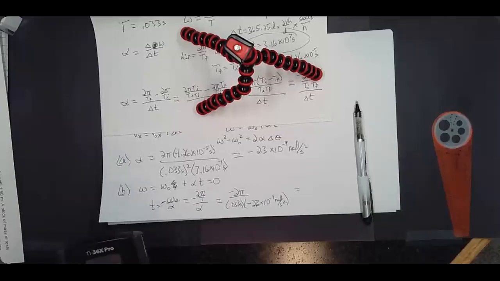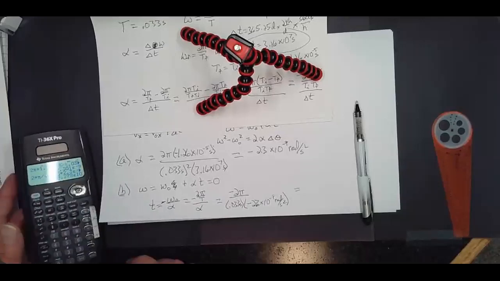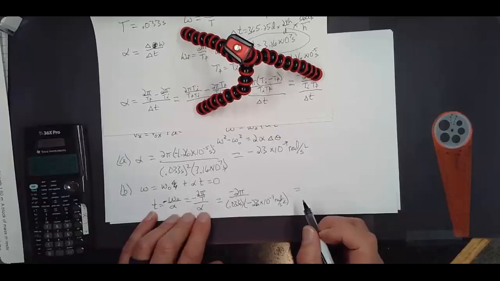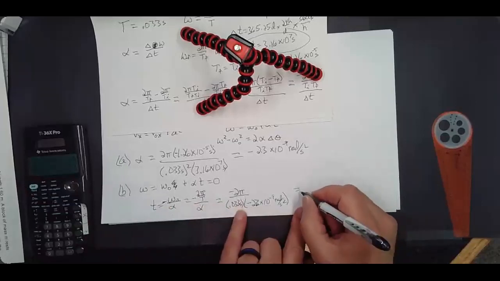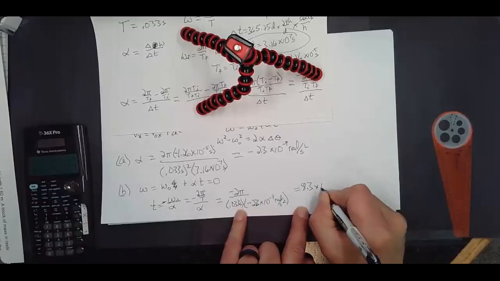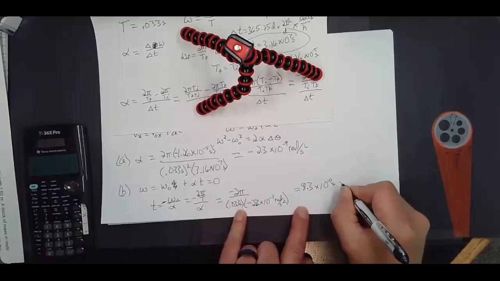Whoops. Divided by. This isn't as long as I thought. I get about 8.3 times 10 to the 10th seconds.